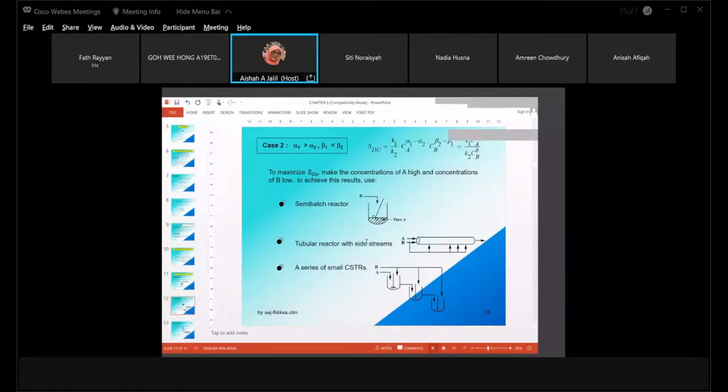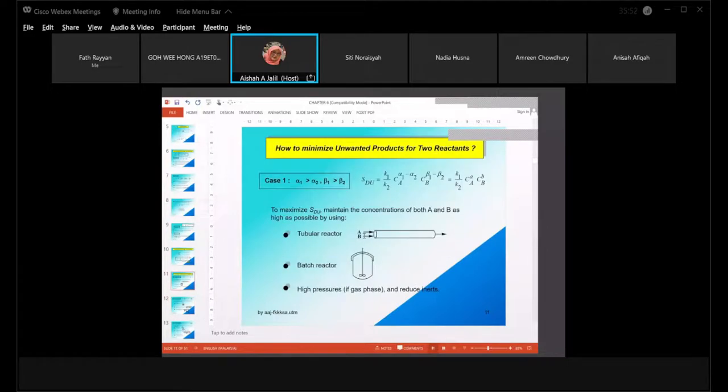Like this one, okay. This is a recycle reactor. Think about just A. A is the reactant. Go like this, and then you can get the desired and undesired product. And the undesired may be the solvent. So this solvent can be recycled back, okay.